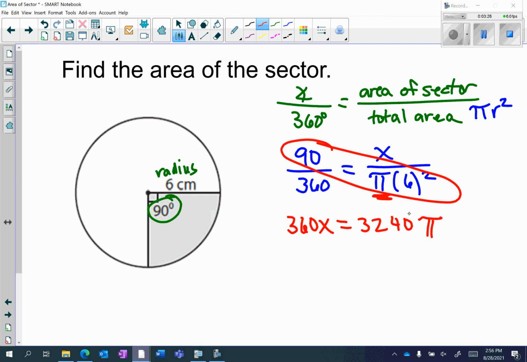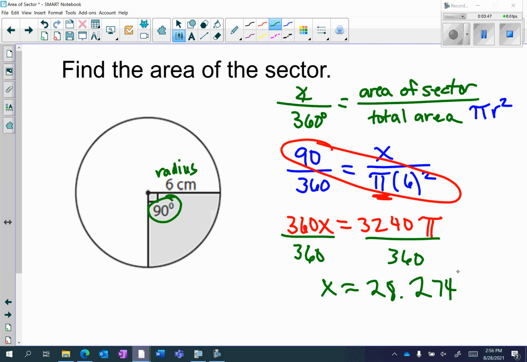Again, when you're putting this in your calculator, you can leave out the pi. I want to get x by itself, so I'm going to divide by 360 on both sides. And I'm going to be left with approximately 28.274 centimeters squared.